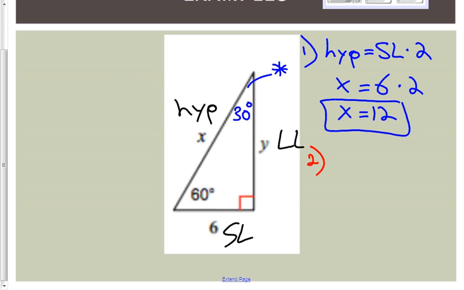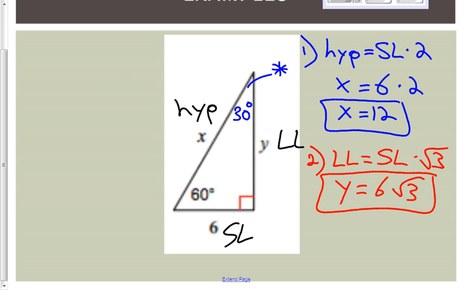Looking at the long leg equation, it's equal to the short leg times square root 3. Well, I now know that my short leg, and it gave it to me in the problem, is 6, so plugging in, the long leg is y, my short leg is 6 square root 3. No work to do here on this one, because y is already isolated and on one side of my equation.